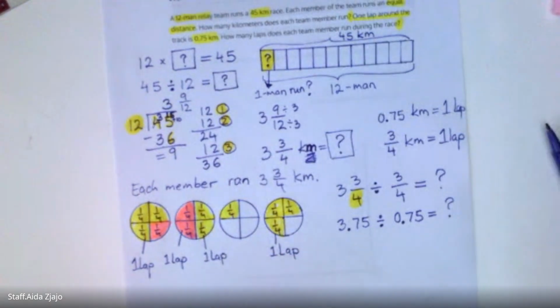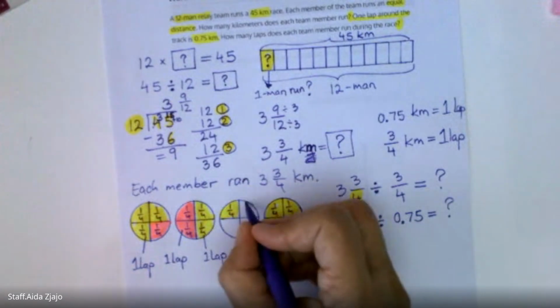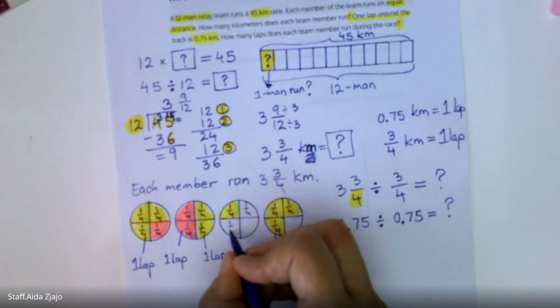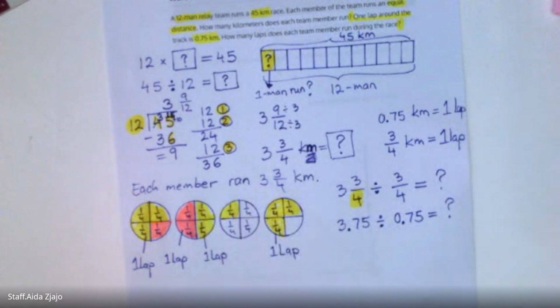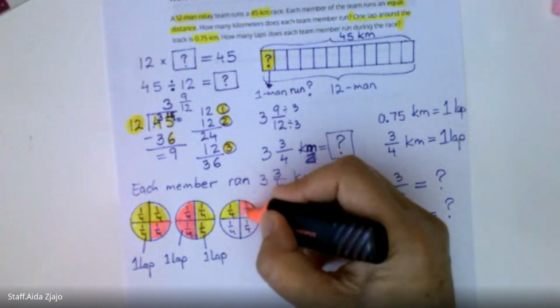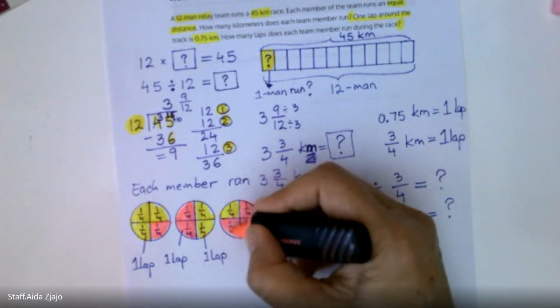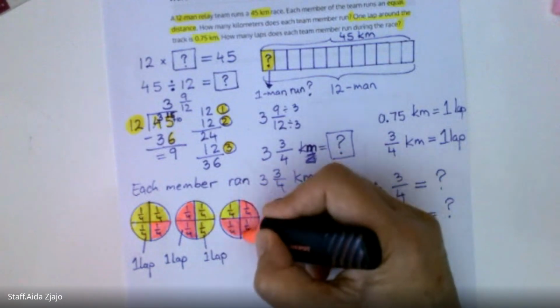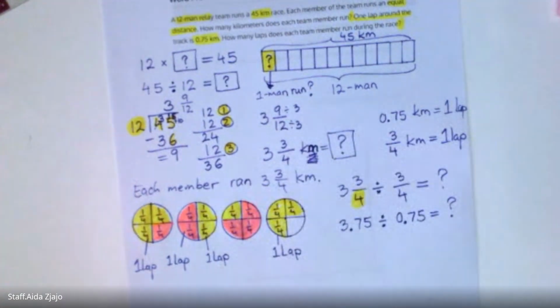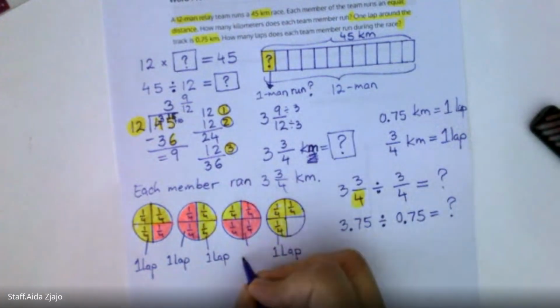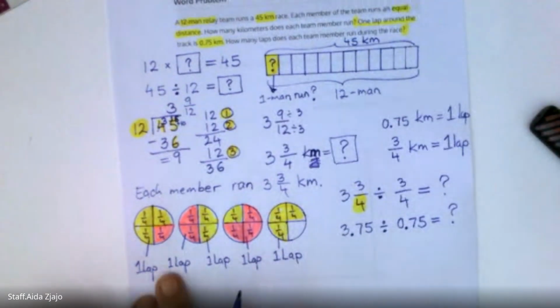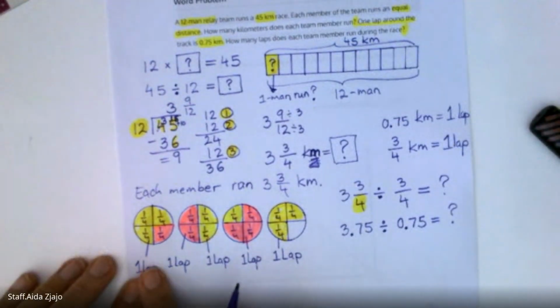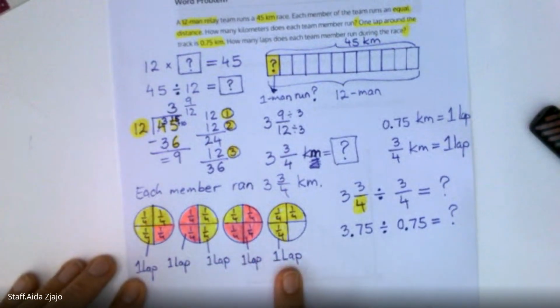And the last three is 1/4, 1/4, 1/4. That will represent one more lap. So each of these people, they actually ran 1, 2, 3, 4, 5 laps.